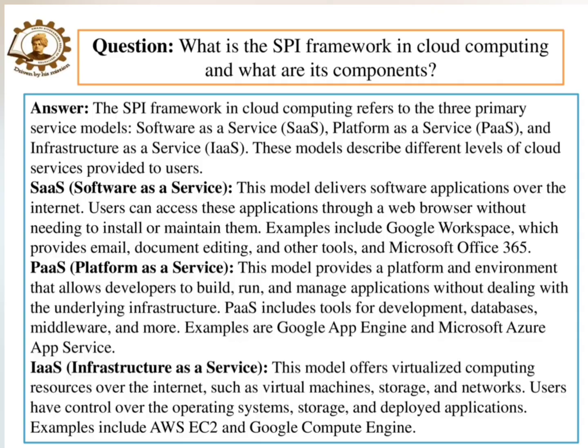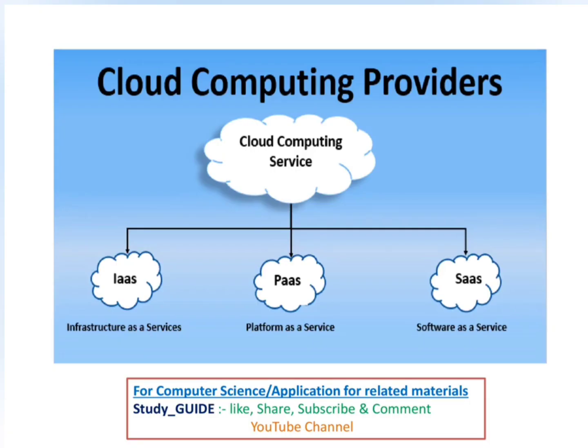Finally, they could use an infrastructure as a service solution like Microsoft Azure's virtual machines to build the entire infrastructure from scratch. This offers maximum control and flexibility, but also requires significant expertise to manage.